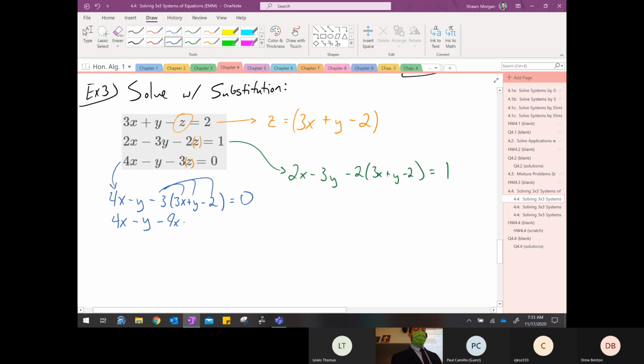So that's -9x, -3y, and +6 equals 0. Quentin, help me clean that up. Combine some like terms for me, brother. Nope, the blue one, the one that we're just now working on. Fabulous. All right, what else?